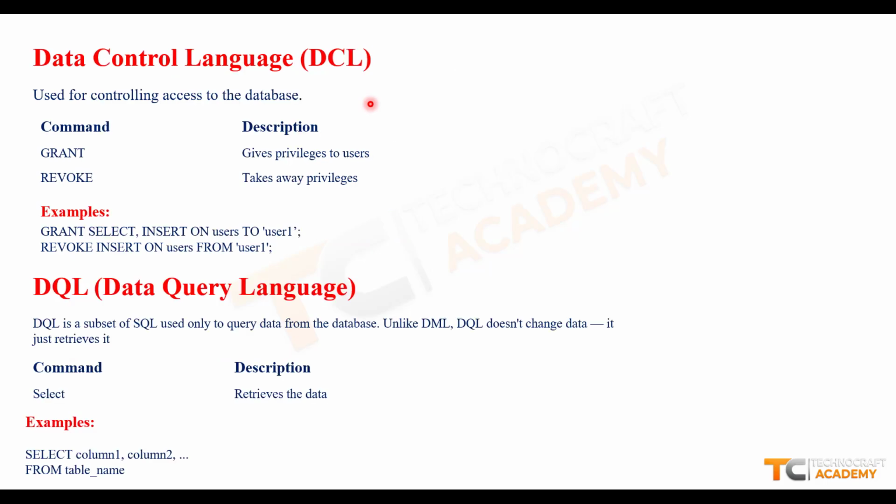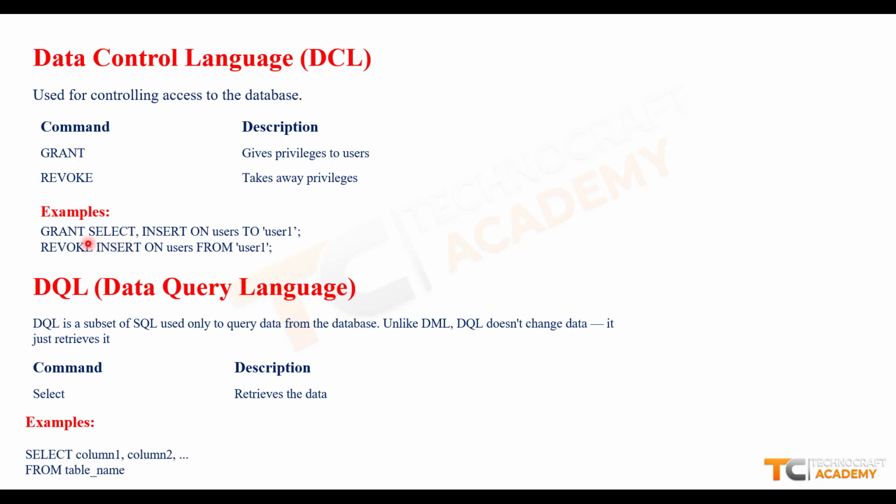Next I'm going into the next SQL command, which is data control language. The word itself says it is used for controlling access to the database, like which users should be given access for using the data. So for that we use this data control language. We have two commands here, grant and revoke, which are used for providing access to the users.